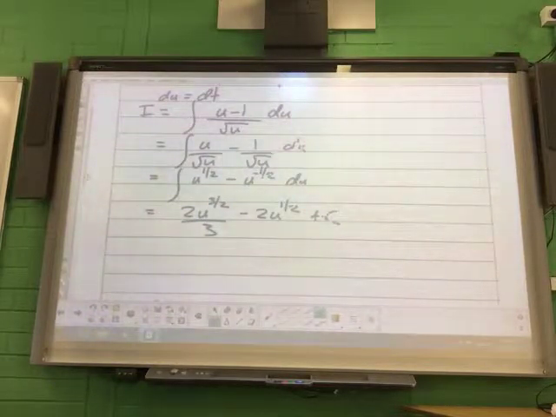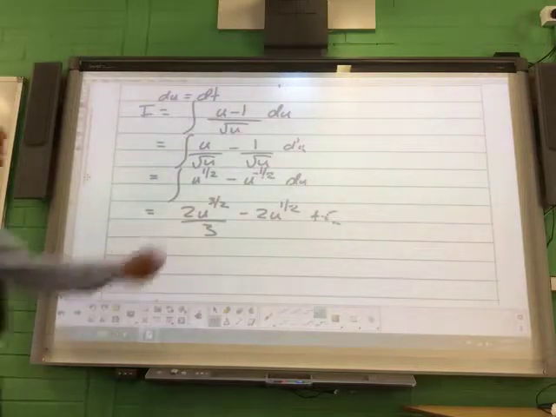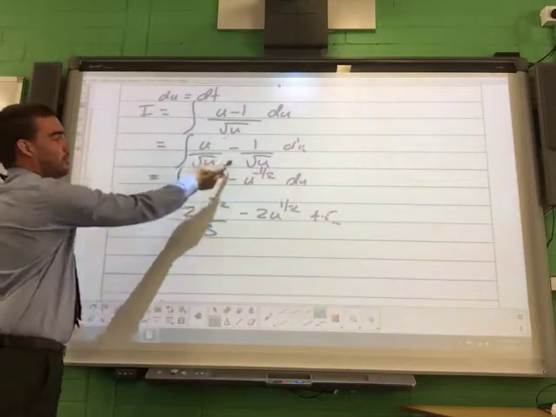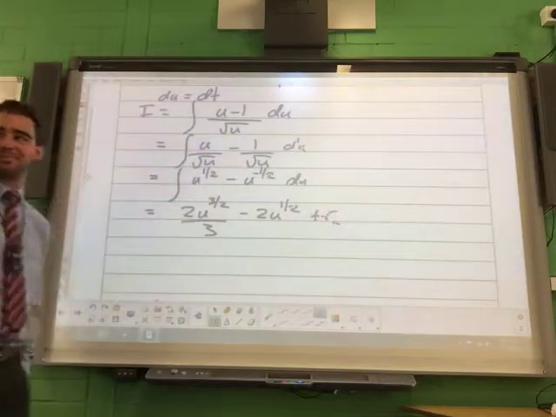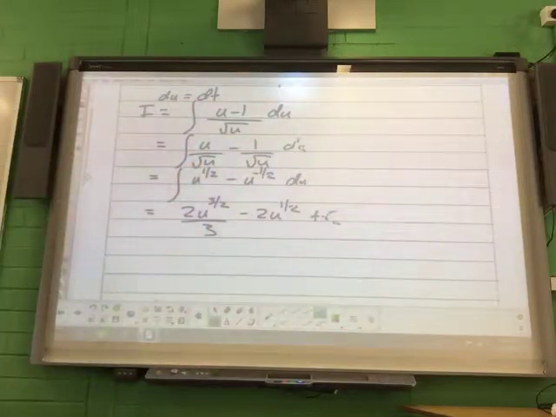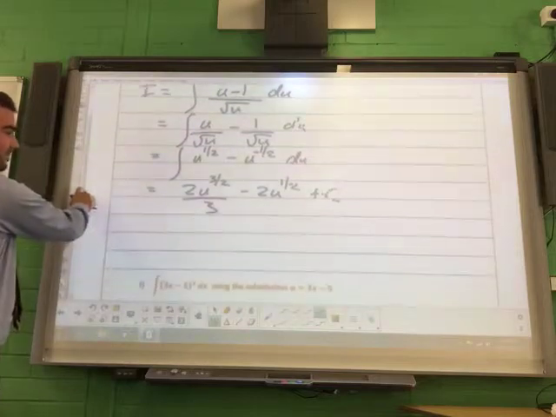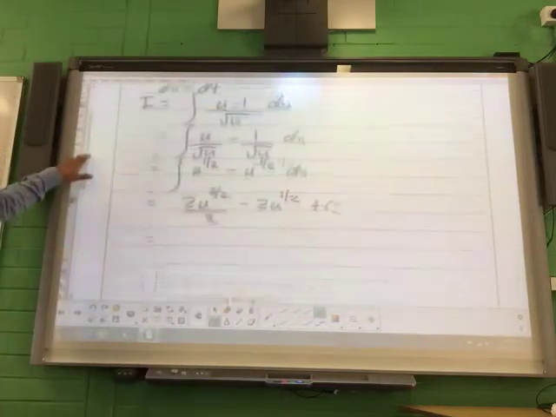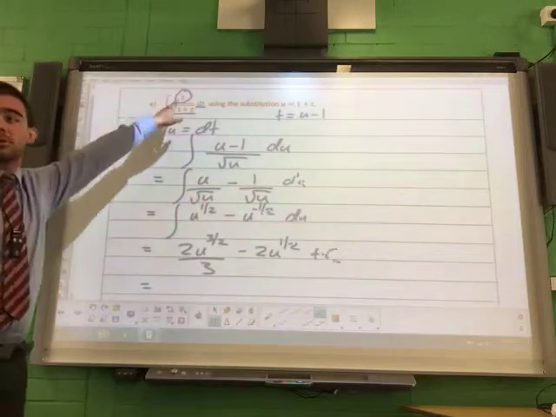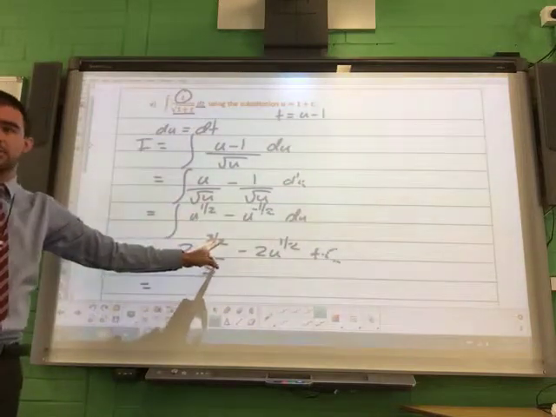Well, you think about it, if I rationalise this and multiply it by root u on top and bottom, you get u root u over u. So the last thing you need to do, and also making sure if there are surds in the question, surds are in the answer.